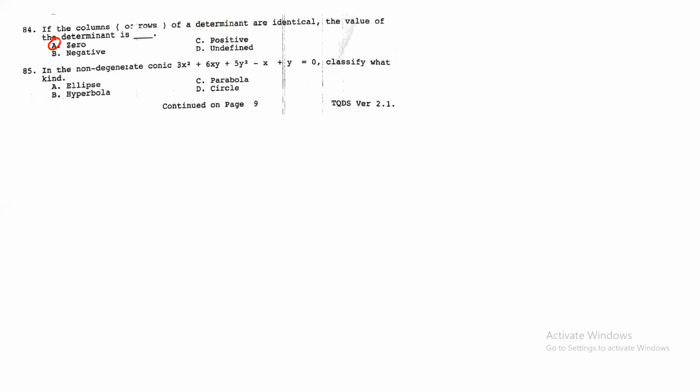So 85, in the non-degenerate conic, 3x squared plus 6xy plus 5y squared minus x plus y is equals 0, classify what kind ng conic. So paano 'to 85 guys? 'Di ba ang pang-determine natin yung determinants, b squared minus 4ac. So ang b natin dito is equals to 6.